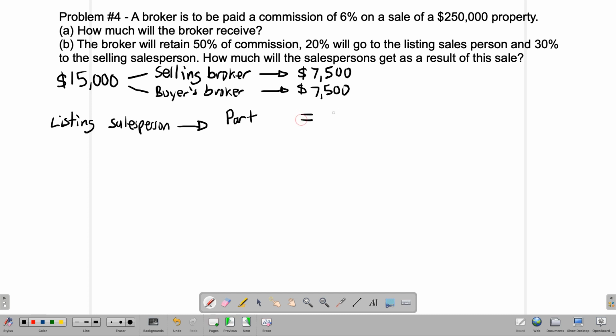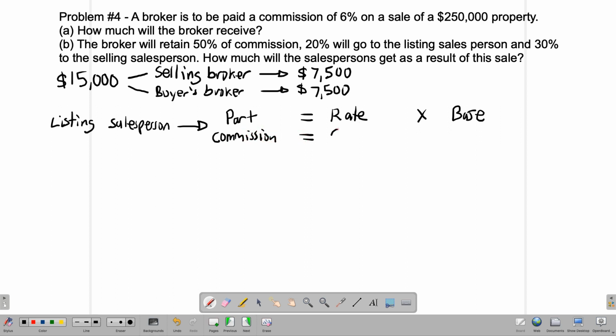Part equals rate times base. We want to find out the commission for the listing salesperson. In this case, the part represents the commission.